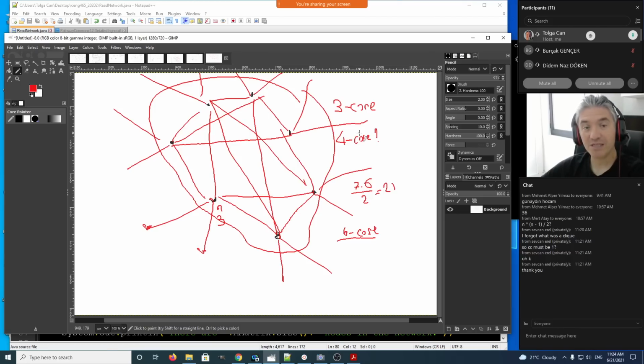We do this for all of the nodes in the graph. We find out the largest K-core it can be a member of. That becomes the K-core value of that node, and this K-core value multiplied by the clustering coefficient becomes the measure that we want to compute.